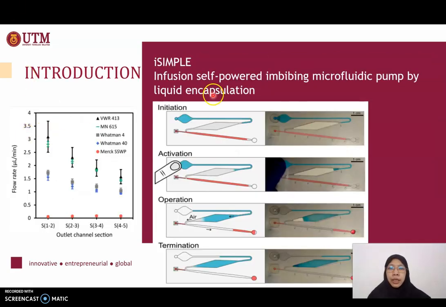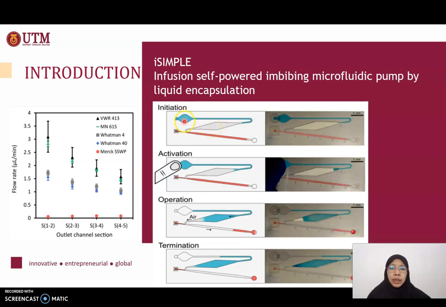Another very interesting one is related to the I-SIMPLE, the infusion self-powered imaging microfluidic pump by liquid encapsulation. This is a passive micro pump because it doesn't need any external power. The porous media is placed in a sandwich configuration, secured between two plastics, and they make a pattern where they put this filter paper.